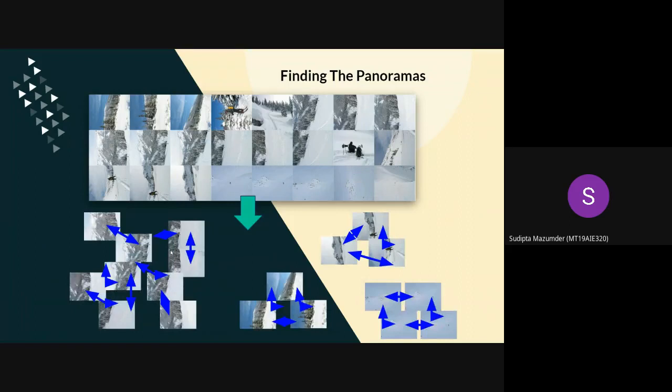One image is not just in common with another image; there can be multiple images which have common features between them. Here we have separated out those particular sets. We can see a set of three images at the bottom of the page and a set of four images at the bottom right of the page.